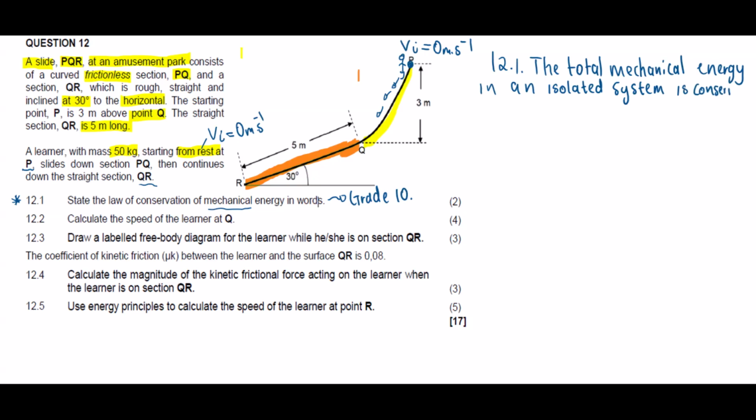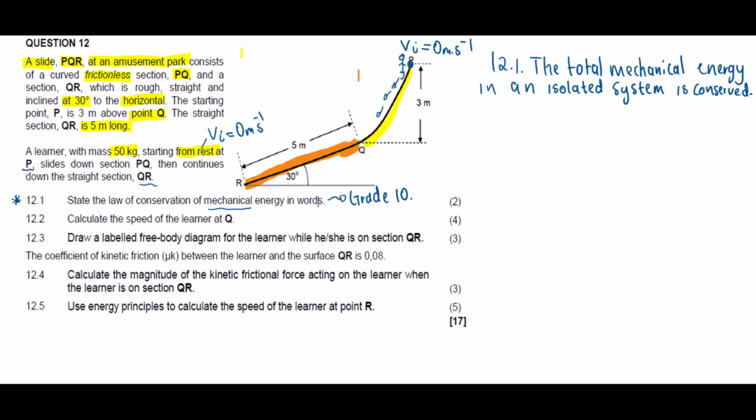When I write this, it looks similar to one of the laws you know from momentum, the conservation of linear momentum. So the total mechanical energy in an isolated system is conserved. Good. Now we can go to the second question.